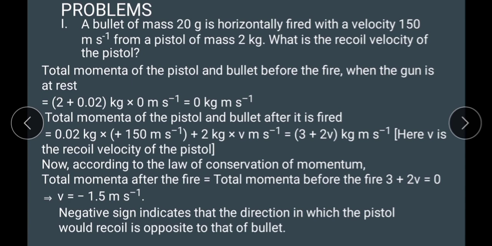According to the law of conservation of momentum, the total momentum after the fire will be equal to the total momentum before the fire. So 3 plus 2v is equal to 0, which gives us v equal to minus 1.5 meter per second. This negative sign indicates that the direction in which the pistol would recoil is opposite to that of the bullet.